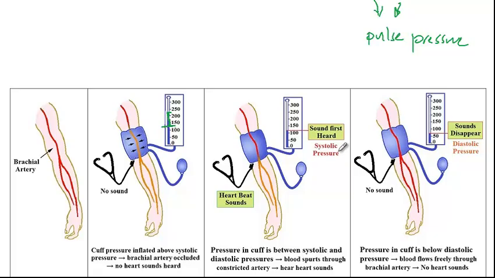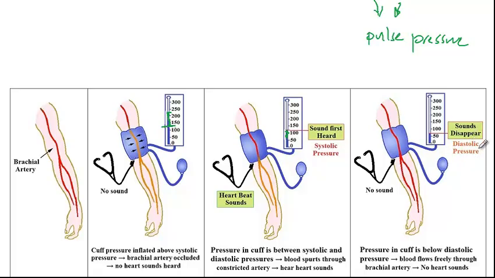This very first heart sound, shown here at about 110, represents your systolic blood pressure. Then you continue to let the pressure drop until you reach a point where you don't hear the sound anymore.